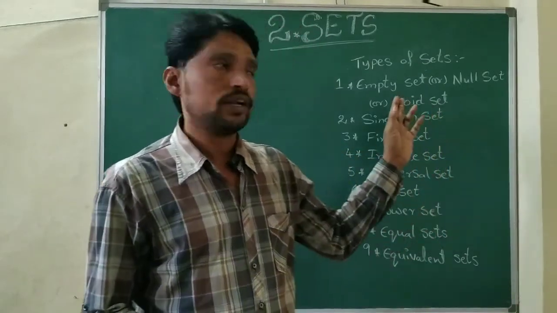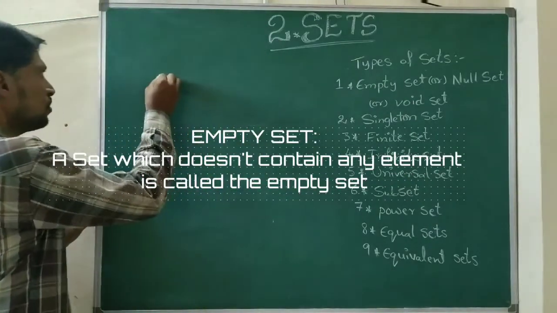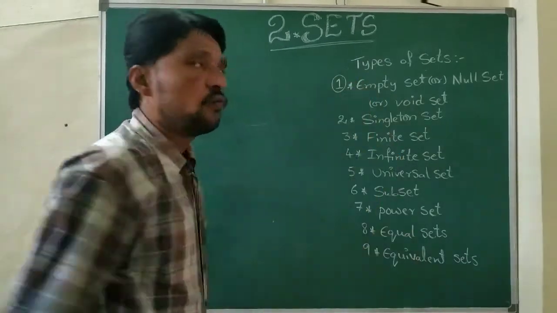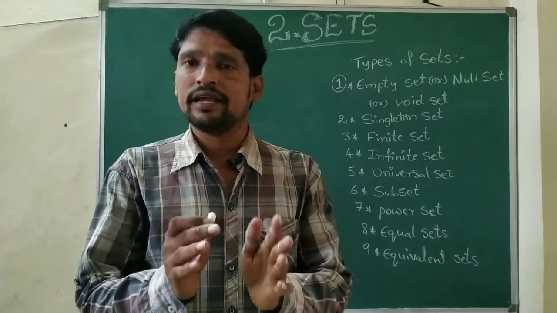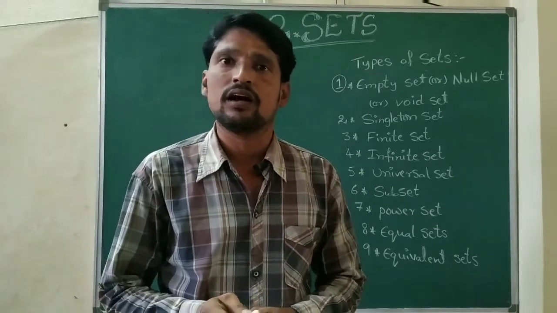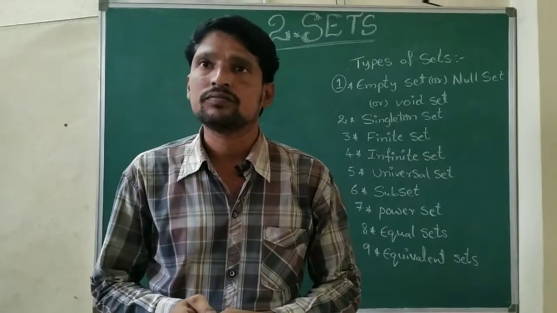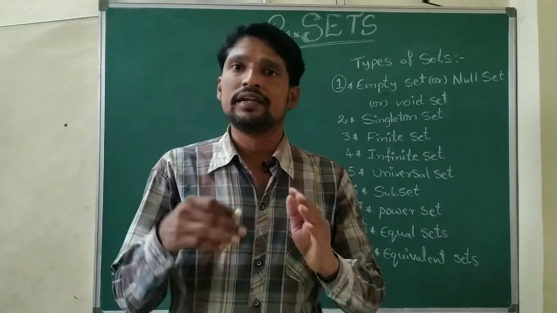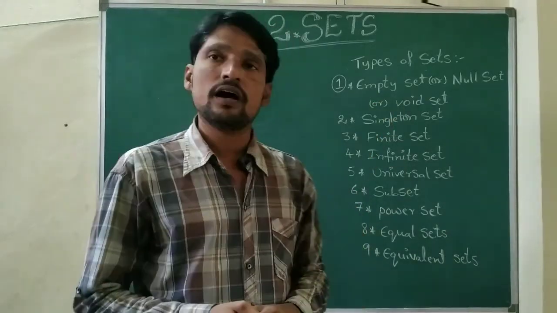Now the first one is the empty set or null set. What is an empty set? A set which does not contain any element is called an empty set or null set or void set. Once again, a set which does not contain any element is called an empty set or null set.